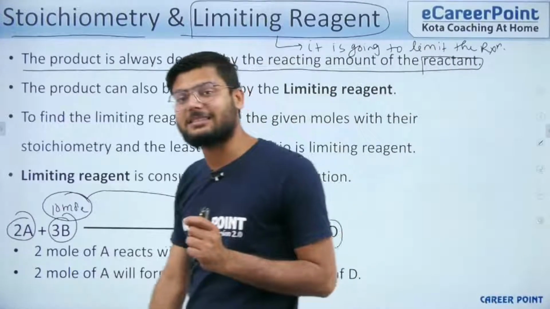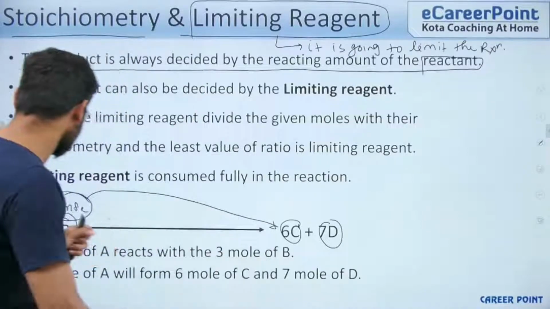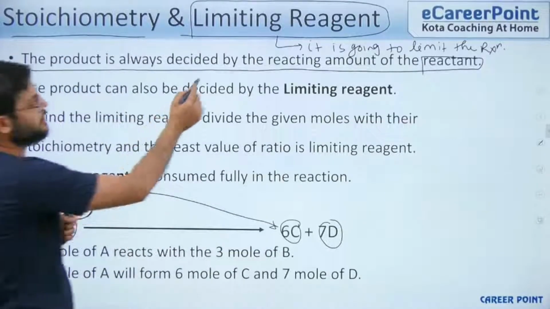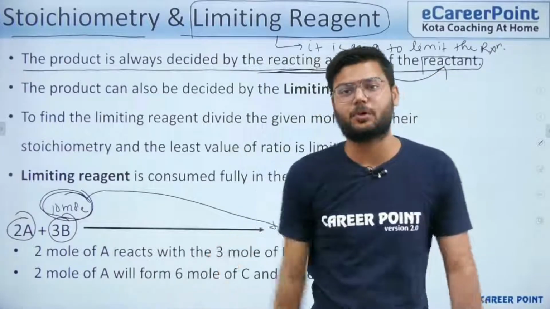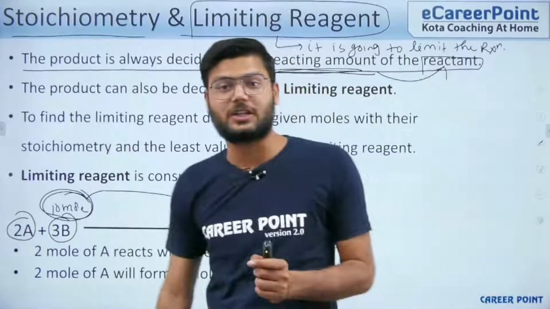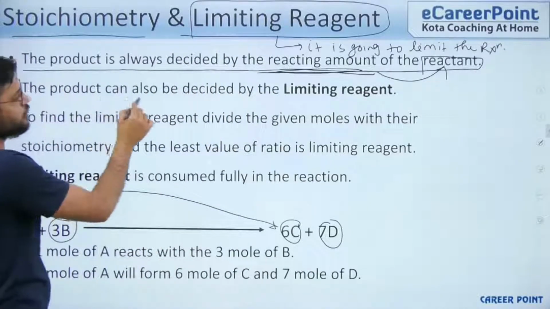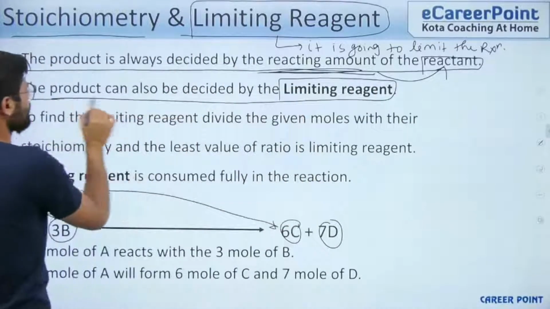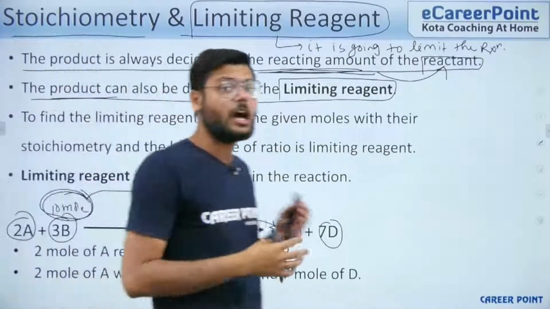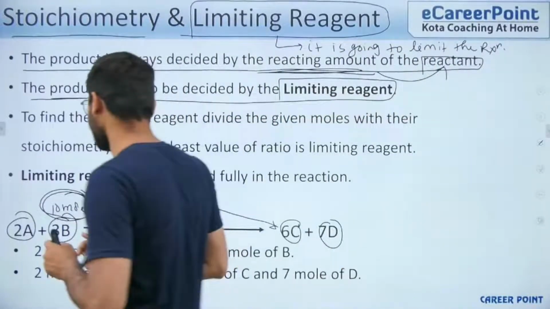Mark this sentence: the reacting amount of the reactant is going to decide the product. The product formation can also be decided by the limiting reagent. We will see how to identify the limiting reagent. Here I have a small trick you can use to find it.